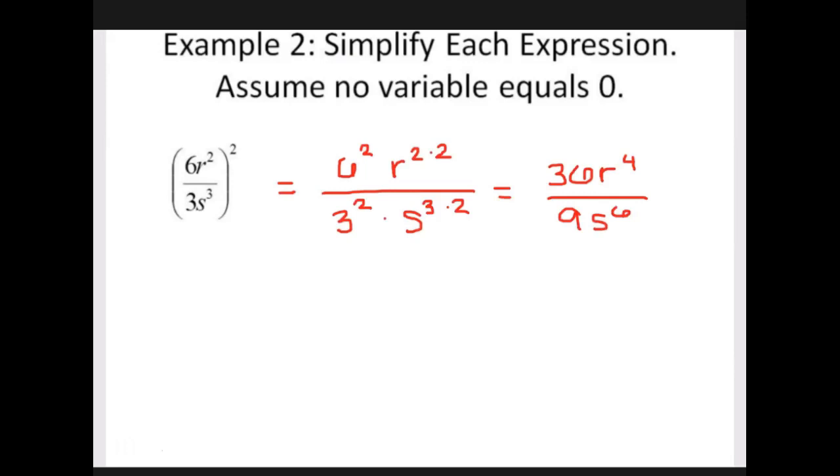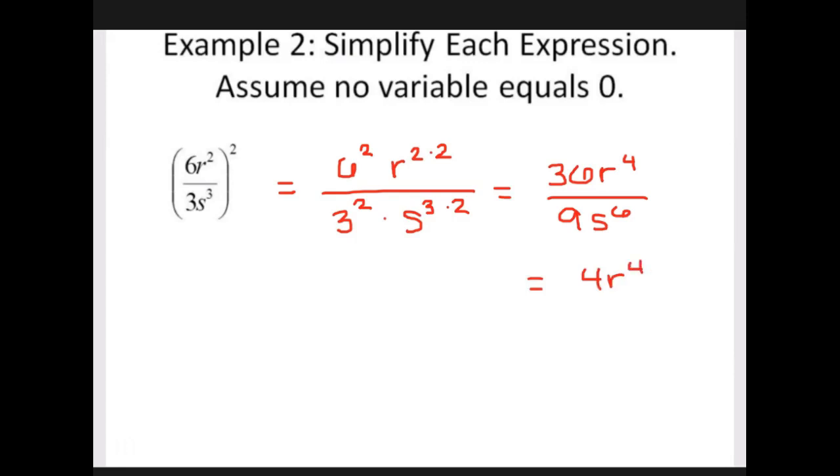Now, you can simplify your numbers, and you could have simplified your numbers here and said 6 divided by 3 was 2, and 2 squared was 4. If you did what we did on here, then you would now say, okay, 36 divided by 9 is 4. And that 4 goes in the numerator.